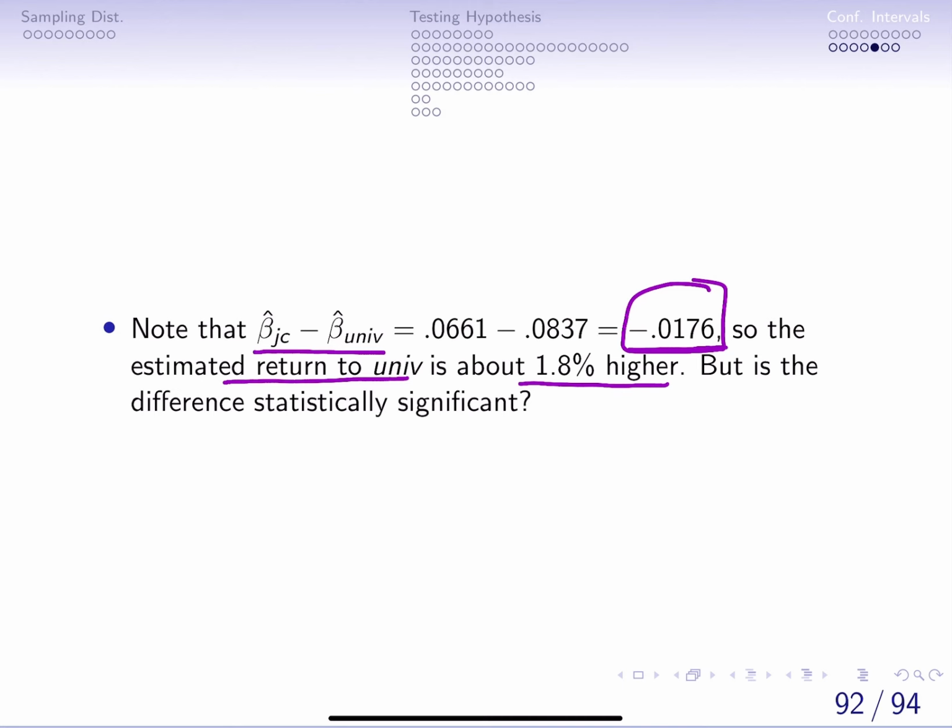But the question for us is, is this statistically significant? So we've understood what the economic significance of this number is, but we need to know whether this is statistically significant.